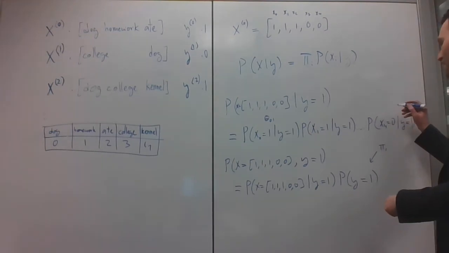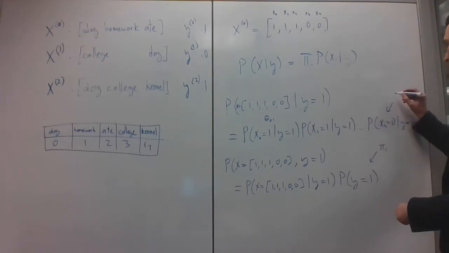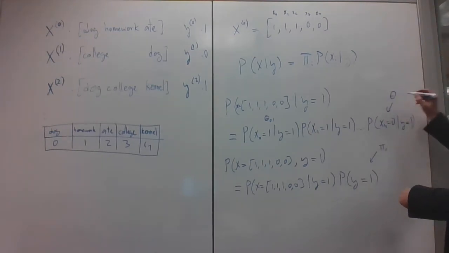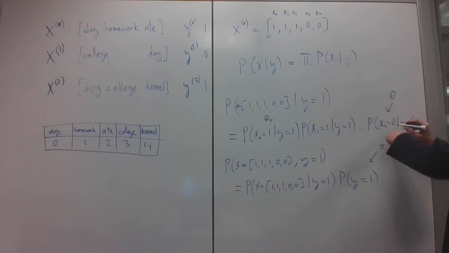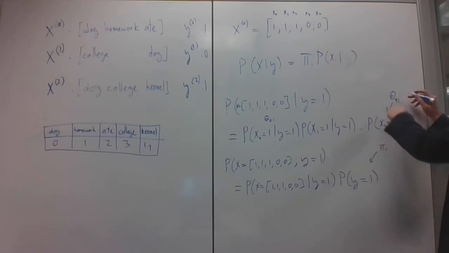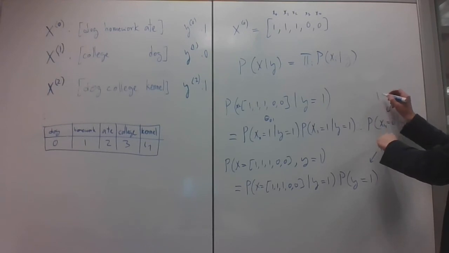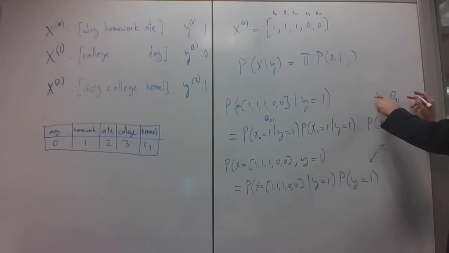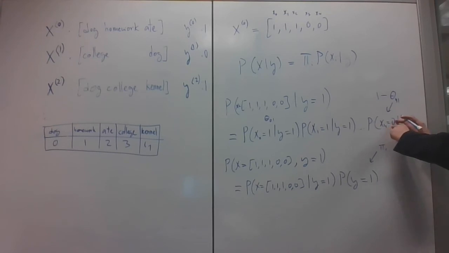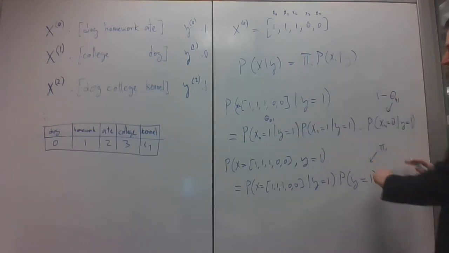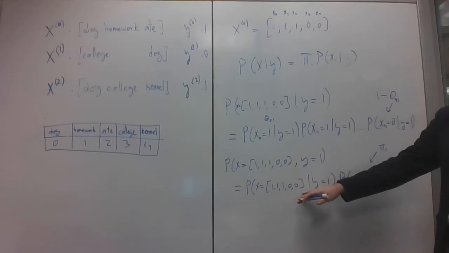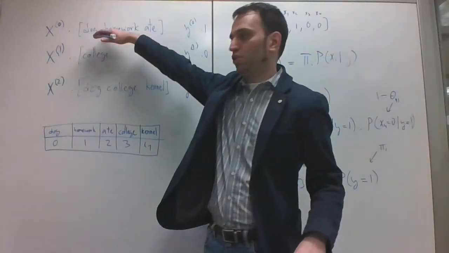In the same way, here x4 is equal to 0, so you would say theta 4,1 is the probability of x4 being equal to 1. But you can just subtract that from 1, and you'll get the probability of x4 being equal to 0. Those are the parameters of the model, and they determine the probability of the data point.